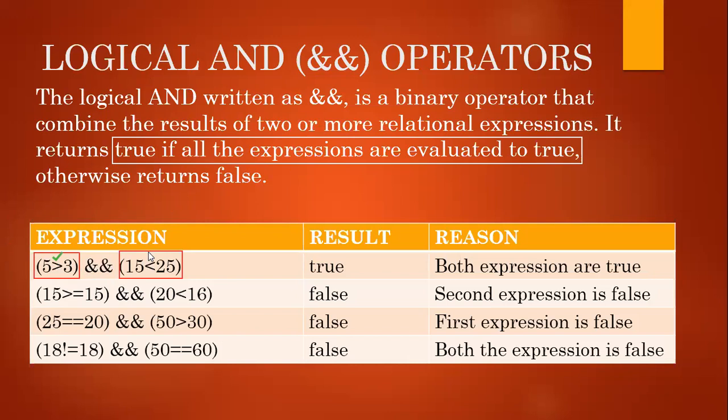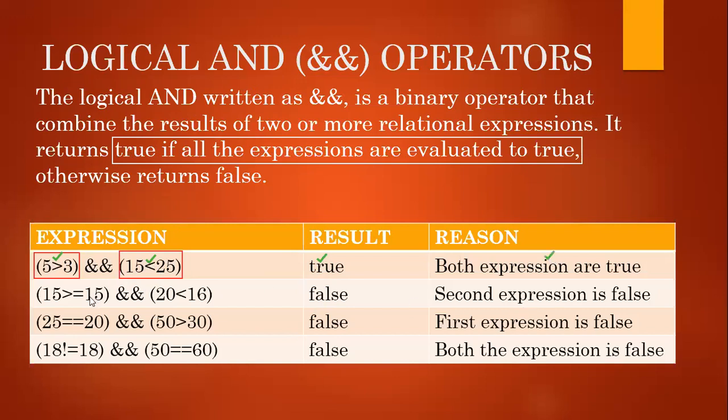Both evaluate to be true, and I have joined these two expressions with the help of a logical AND. So how will the logical AND work? It will return true if all the expressions are true. Here there are two expressions and both of them are true, so the result will be true.